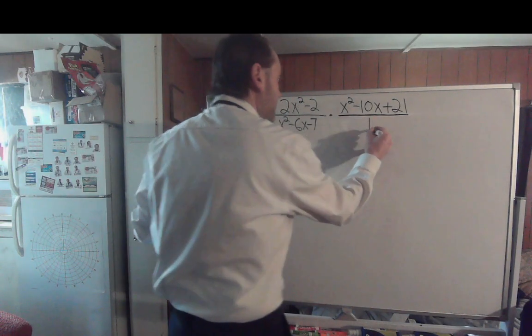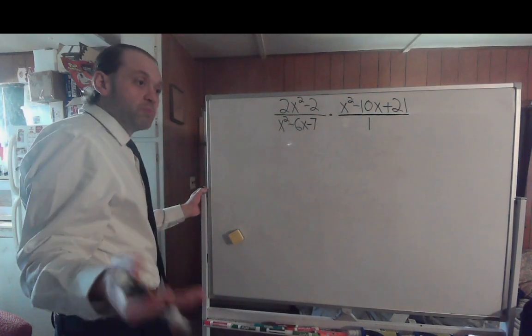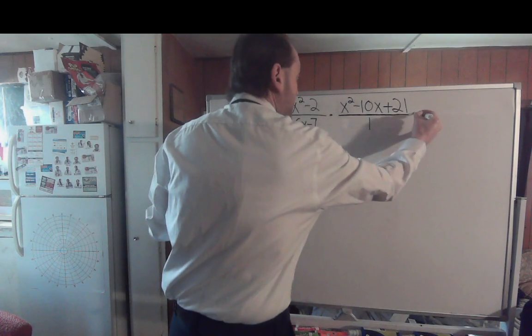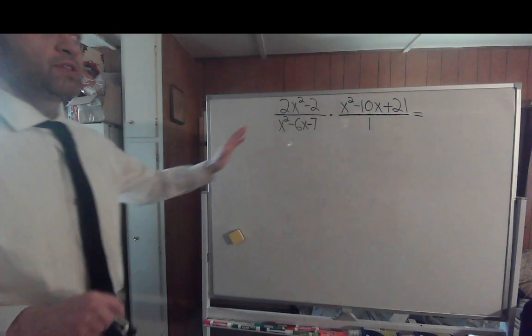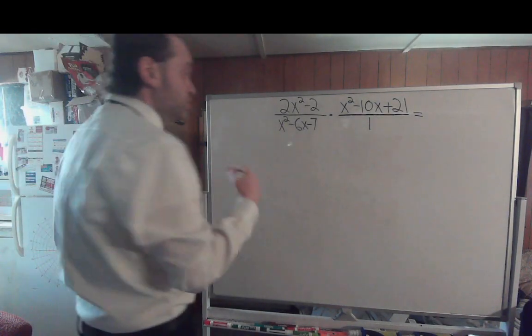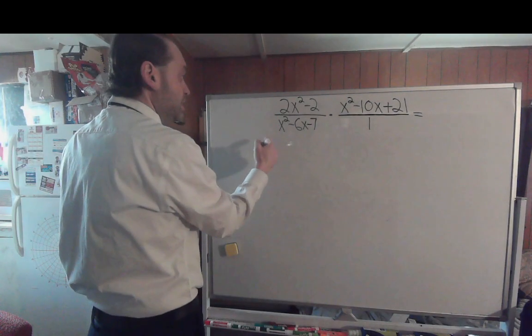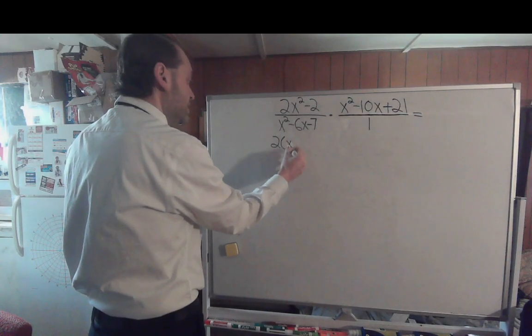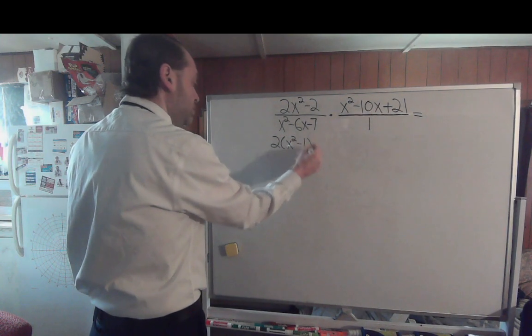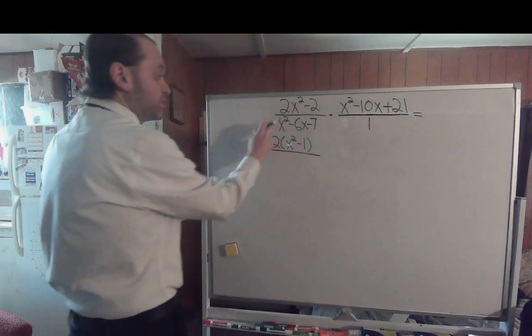So if you want to put that guiding 1 there to help you, that just might help you out. Now, of course, the next thing we want to do is factor everything. That would be our very next thing we should do. So on the first term, 2x squared minus 2 would factor into 2 times the quantity of x squared minus 1 all over your denominator.